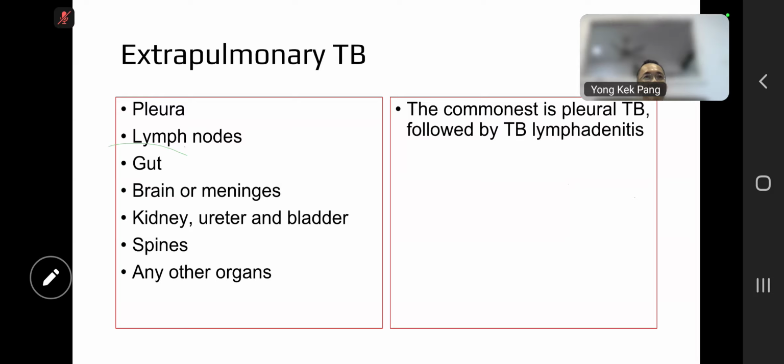The next in line will be TB lymph nodes, gut, brain, meninges, kidney, ureter, bladder, spine, or any other organs. The commonest outside the lung is actually puerperal TB, followed by TB lymphadenitis in that sequence.